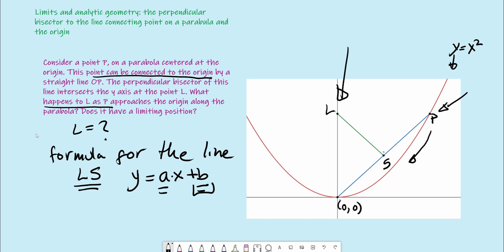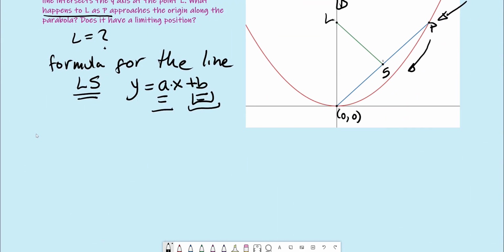So how do we find the slope and the constant? Well, we know a few things about this line LS. We know that LS is a perpendicular line to OP, so its slope is perpendicular to the slope of OP. That means that if we know the slope of OP, we can figure out the slope of LS.